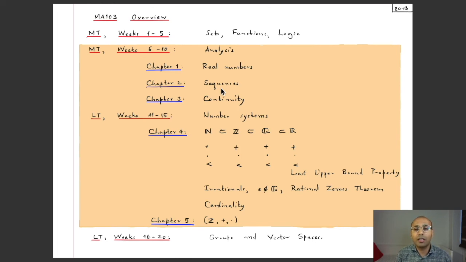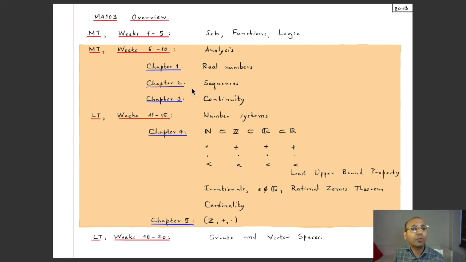For example, we learned that monotone and bounded sequences are convergent. Then in chapter 3, we discussed continuity of functions, and we first gave the definition of what it means for a function to be continuous at a point and on an interval, and then we learned about properties of continuous functions. For example, composition of continuous functions is continuous, and we learned other things, for example, the intermediate value theorem and the extreme value theorem.